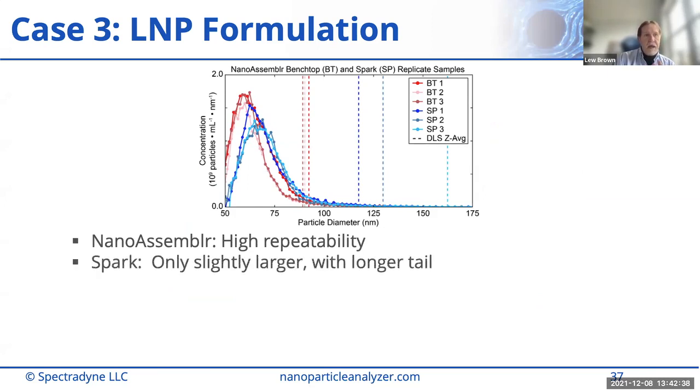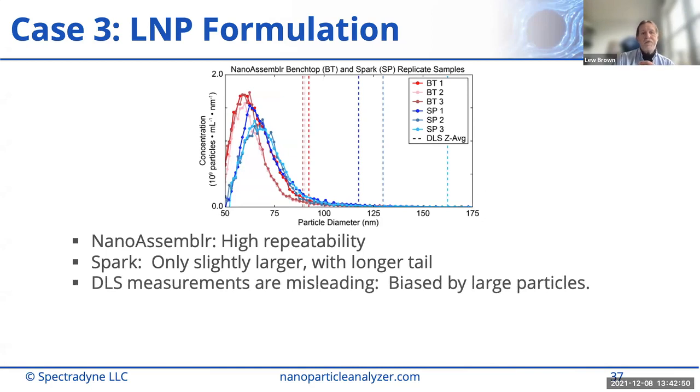The spark does produce slightly larger particles, but they're not as different as DLS implied. That longer tail is what gave us that misleading information. Overall, the DLS measurements that we had early on were very misleading, particularly for the spark example. And this is caused again by that bias to the very, very large particles.